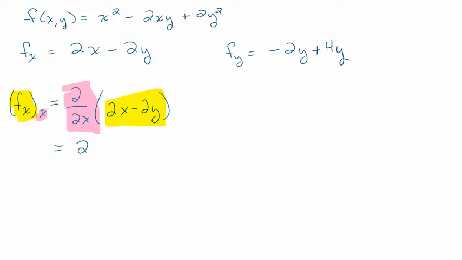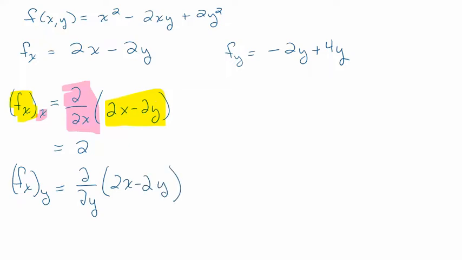All right, let's try this one. So now we're going to take the partial derivative with respect to y of 2x minus 2y. Okay, so now 2x is a constant.